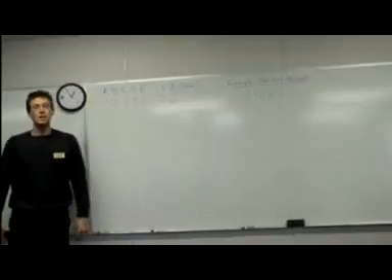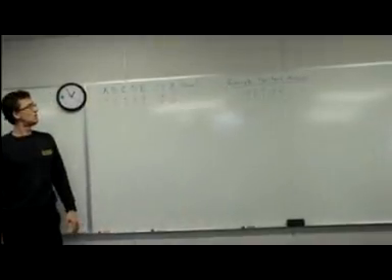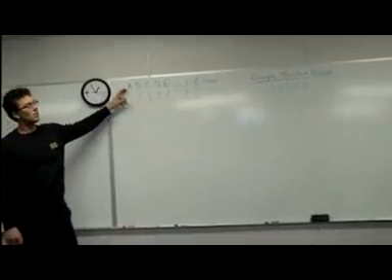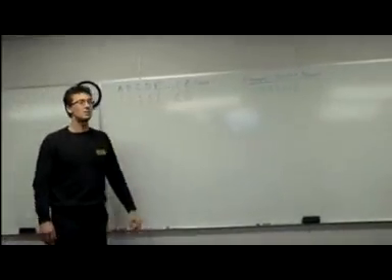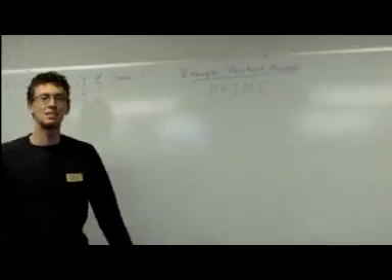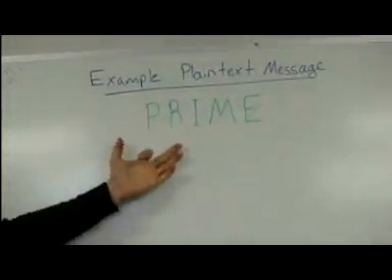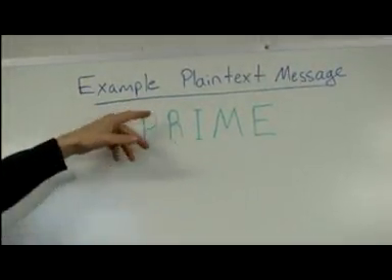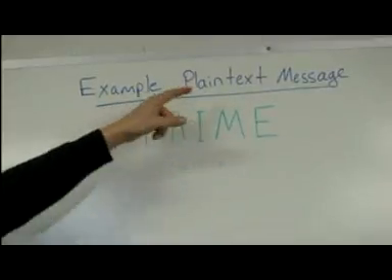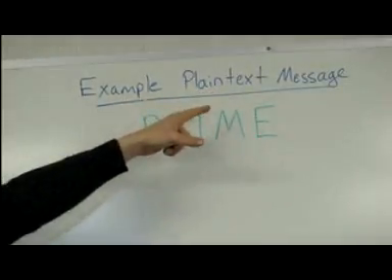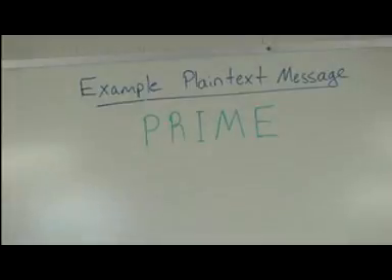So now that we have a message, now that we have a substitution to numbers, let's think of a message we might want to send, and we'll start with something small. The message that we want to send is referred to as the plain text, and in this case we choose the word prime.